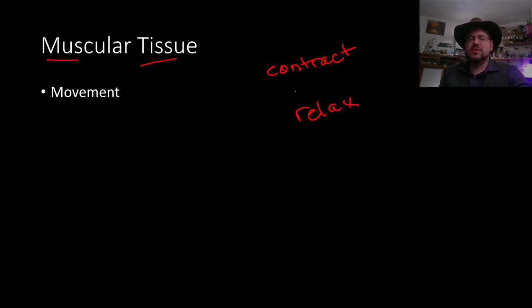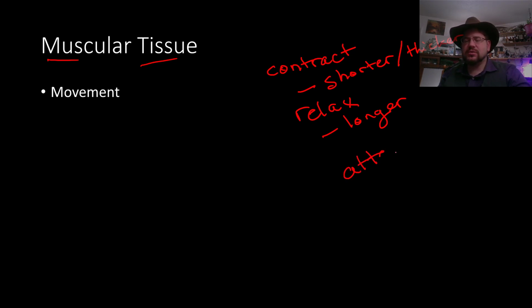When muscular tissue contracts, it becomes shorter and thicker. And when it relaxes, it becomes longer. And muscle is always attached to bones.